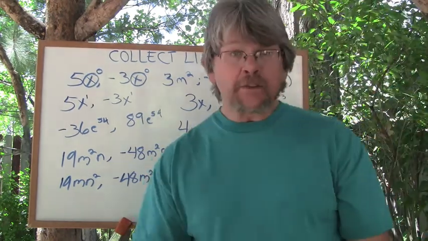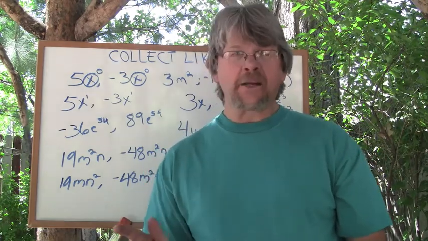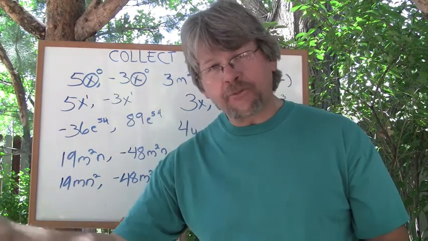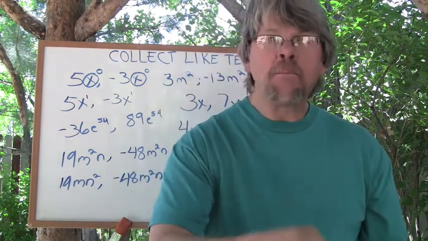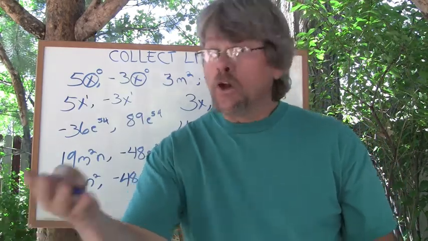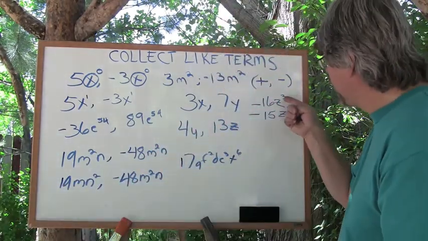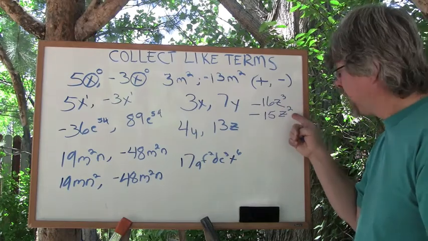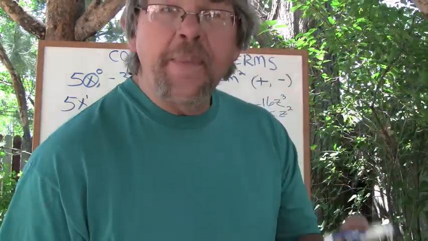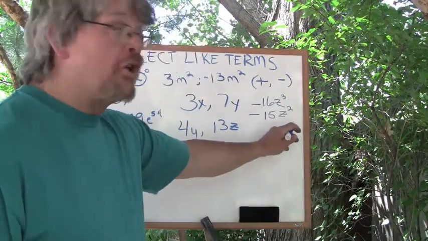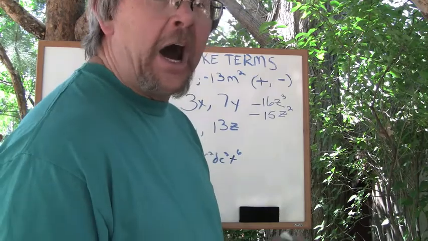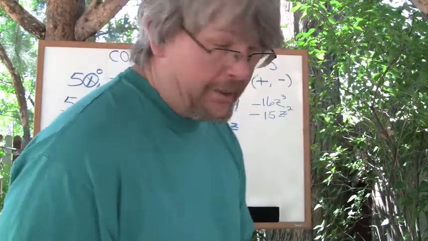You can if you're multiplying, but we're not talking about multiplying. Collecting like terms applies to addition and subtraction, and they must be exactly alike. You can have the same variable, z cubed and z squared, but they're not like terms. They both need to be z cubed if they're going to be like terms. When I say like terms, I mean exactly alike.